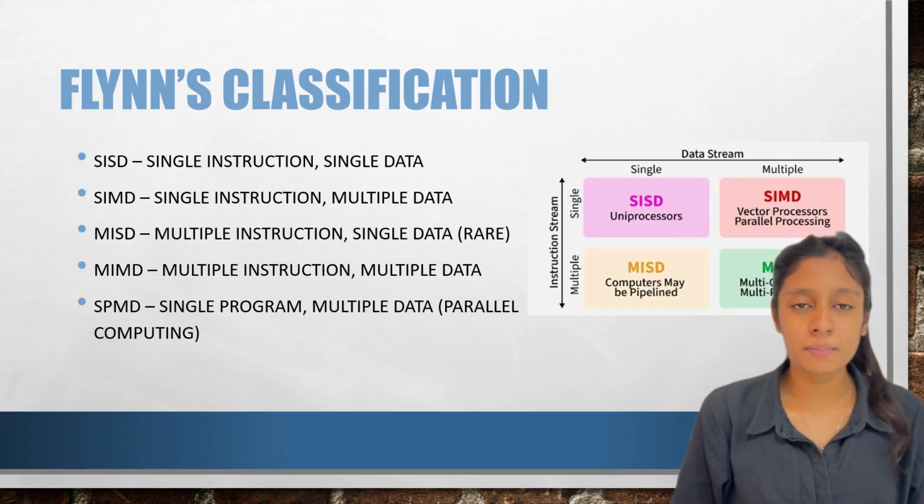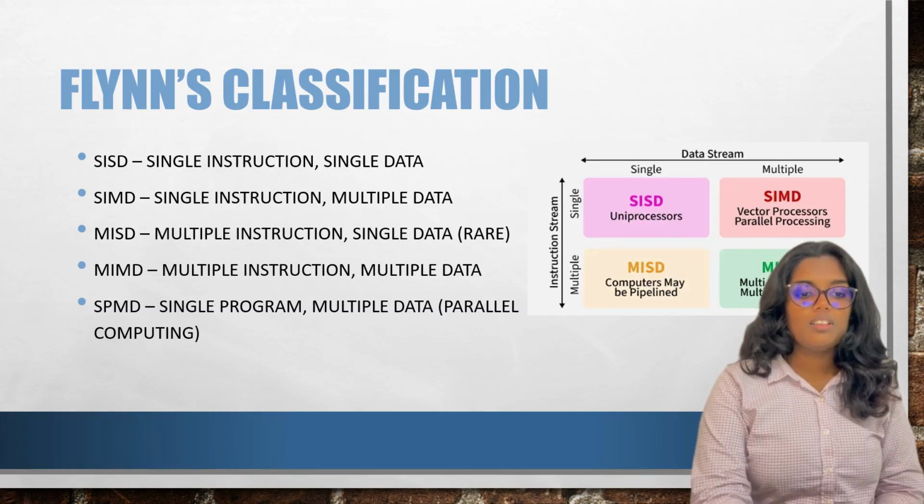Third one is MISD, multiple instruction, single data, rarely used. Fourth one is MIMD, multiple instruction, multiple data, found in multi-core processors. Last one is SPMD, single program, multiple data, widely used in parallel programming.